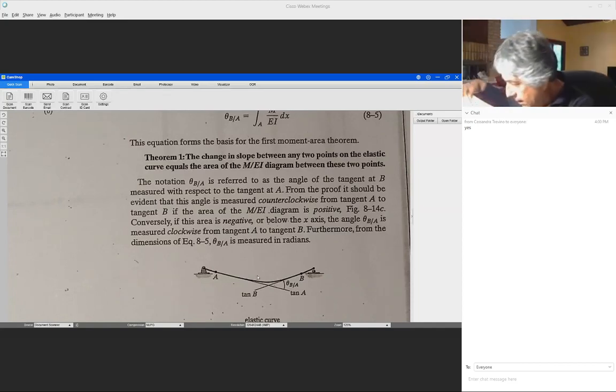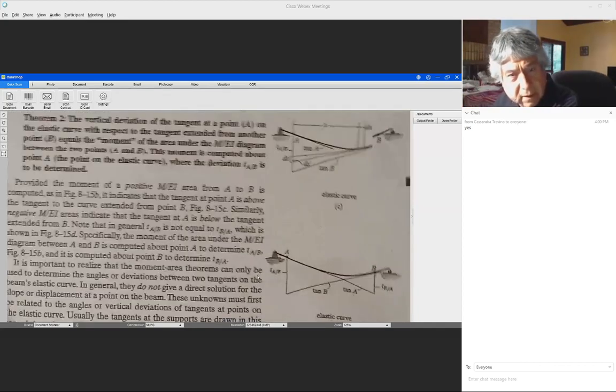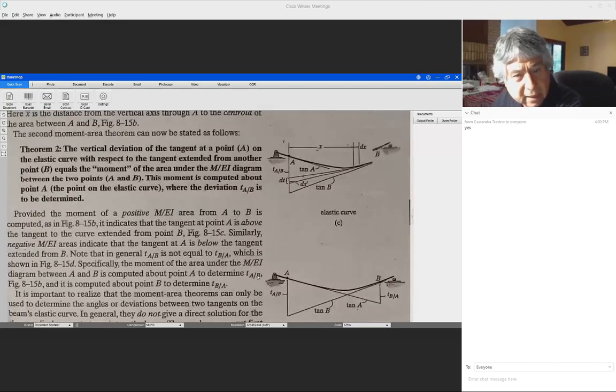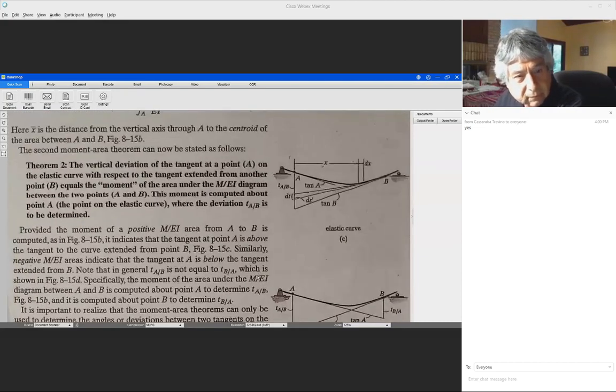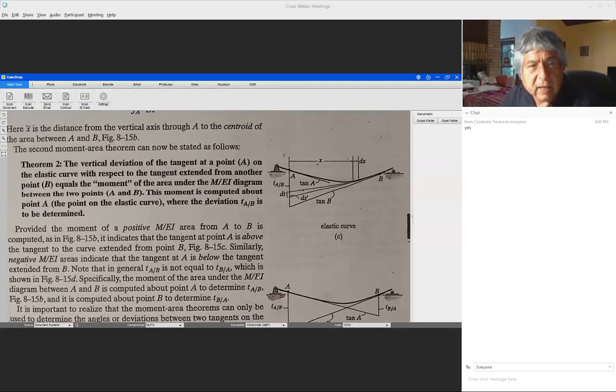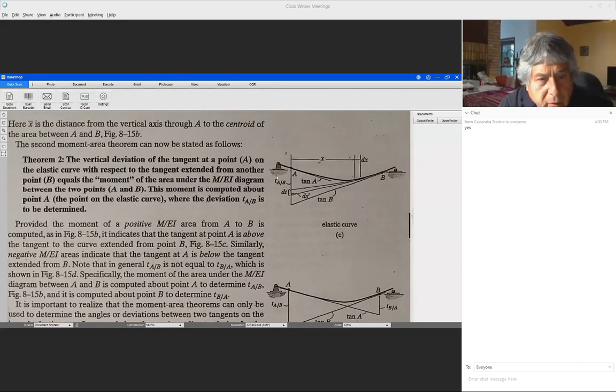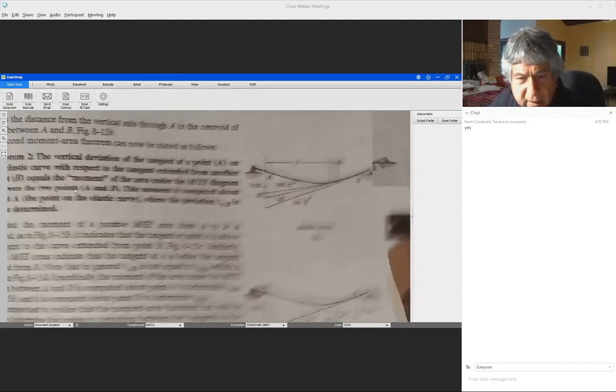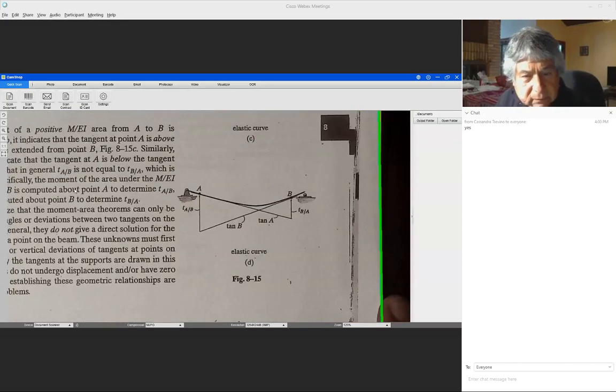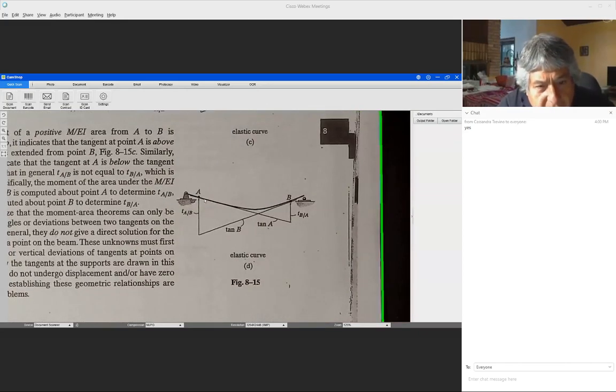The second theorem is a little bit more complicated. It says that the vertical deviation of the tangent at the point A on the elastic curve with respect to a tangent extended from another point B. What I'm saying in here is, look, this is the elastic curve.